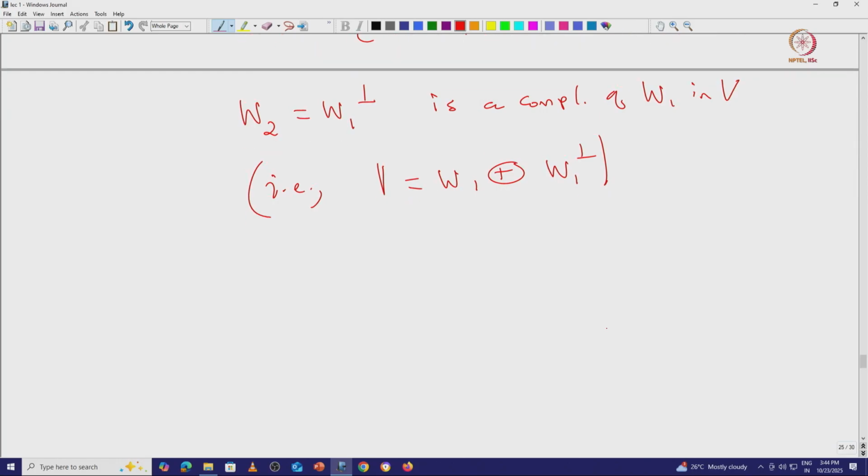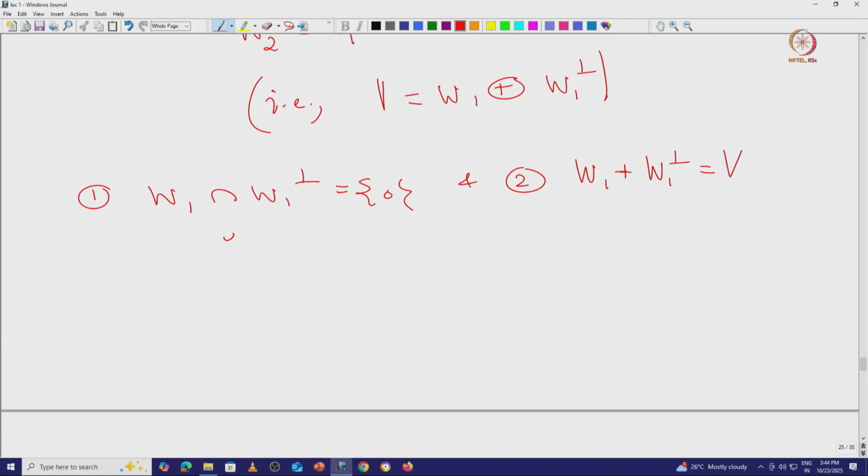To prove it is indeed a direct sum, we need to check two facts. One is that W1 intersection W1 perp is 0, and the second is that W1 plus W1 perp is exactly V. The first is easy because if v is in W1 intersection W1 perp, then the inner product of v with v is 0, and that would imply that v is 0.